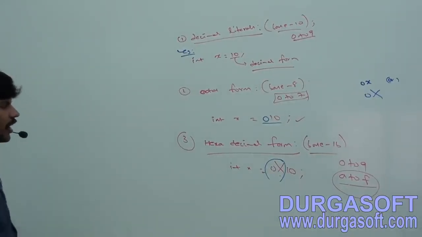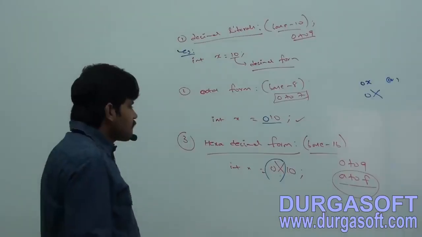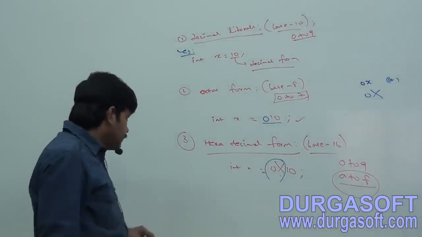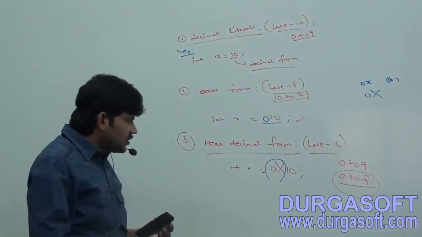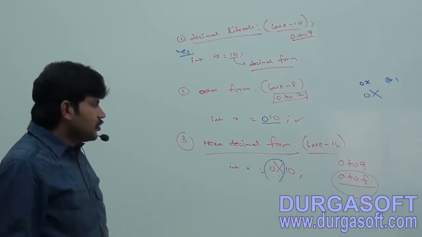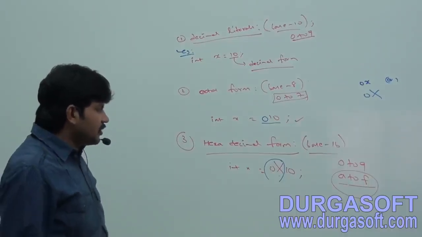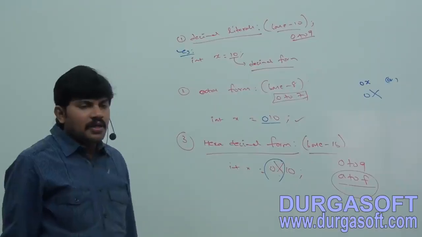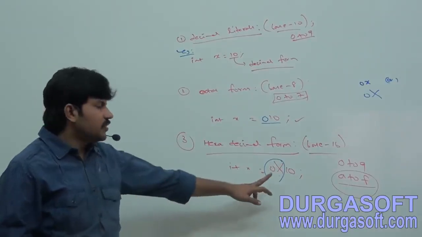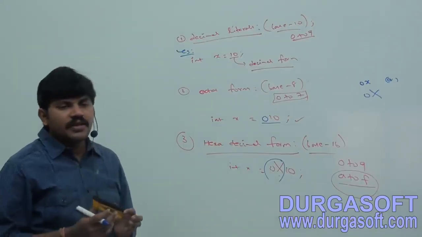Example: int x is equal to 0x10. That's all. Are you getting it?